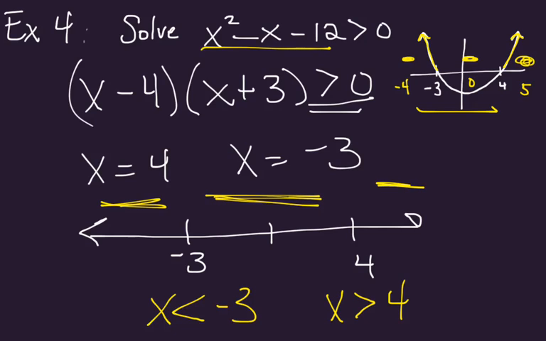Or you can do your test points. When we do our test points, we figured out that this was positive, this was negative, this was positive, or true, false, and true. The true parts are the answers. The false parts are not. Does that make sense?